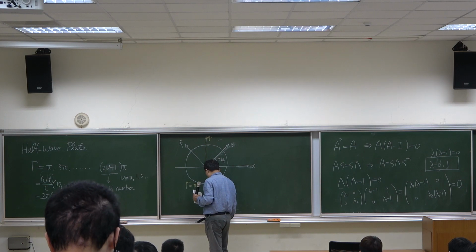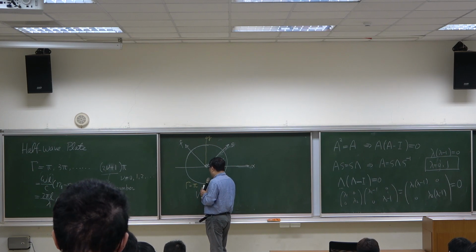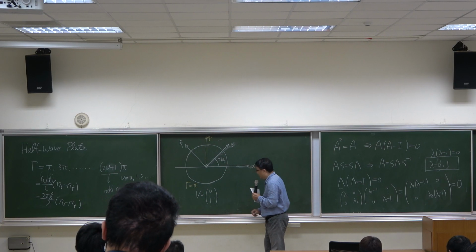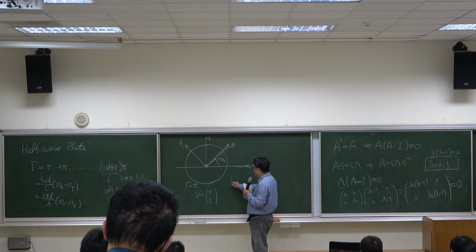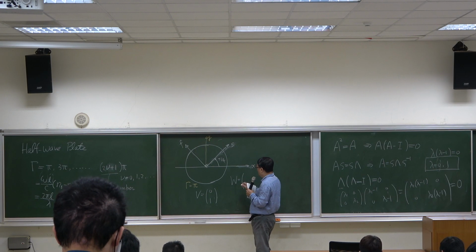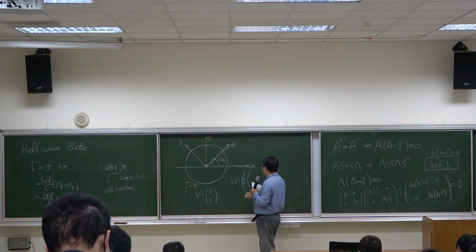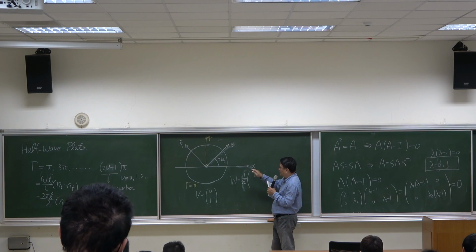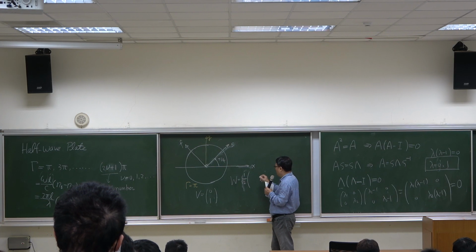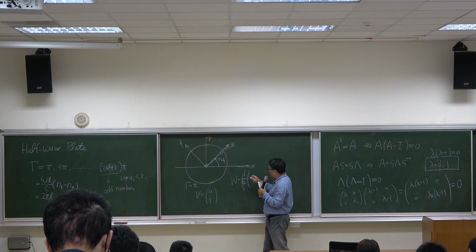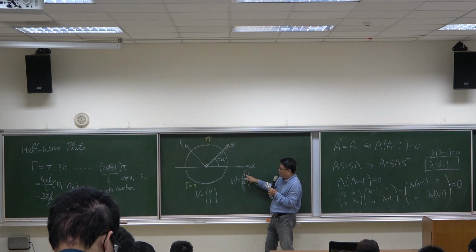So originally we have V equal to (0, 1). And we have W equal to R of minus psi, with psi equal to pi over 4. Cosine pi over 4 is equal to 1 over square root 2.